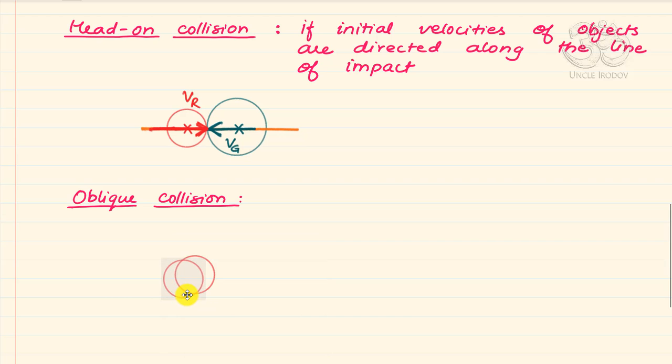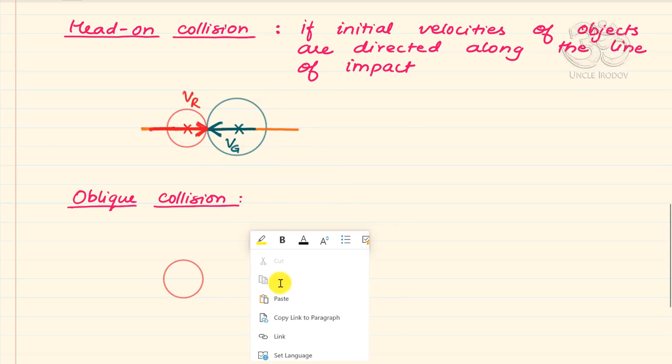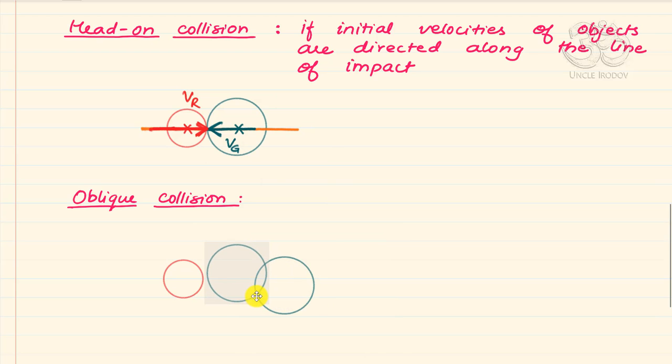you have this red ball which is undergoing a collision with the green ball, let us say, and if I draw the line of impact, probably I'll draw a line like this in this case, and the center of mass of this red ball is at its geometric center there, and for the green ball is at the geometric center here.